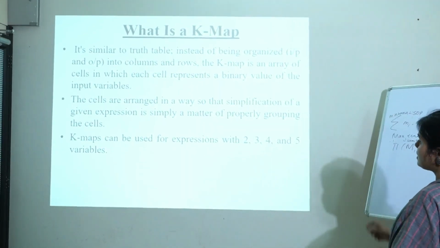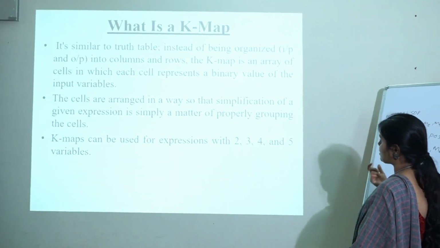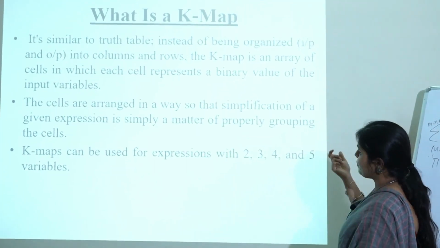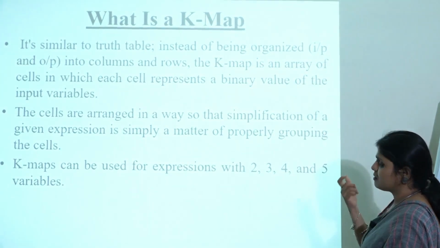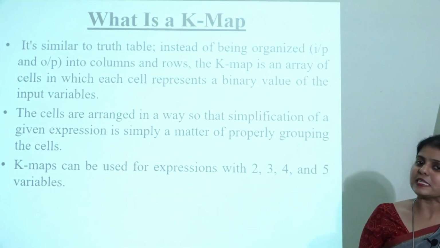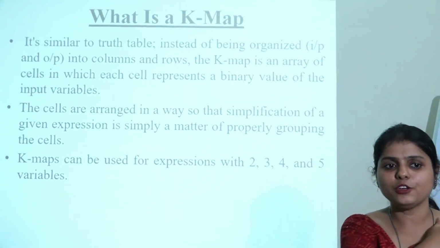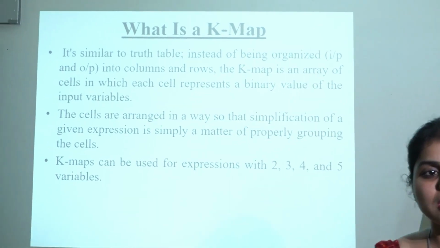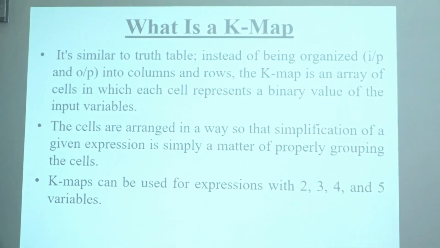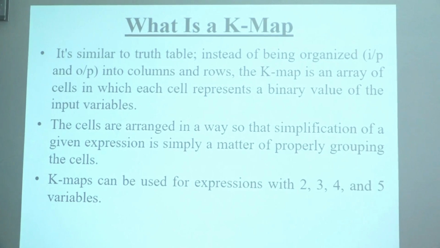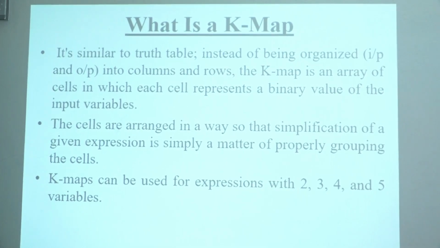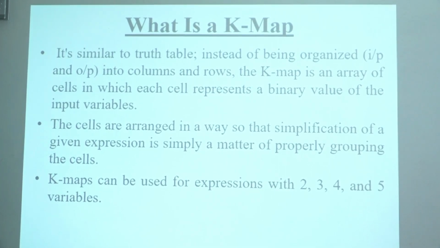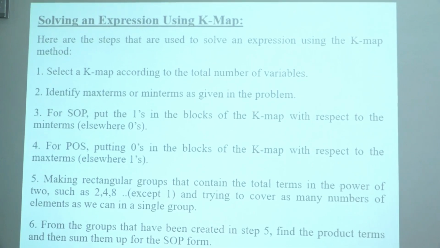Okay. Now, the cells in this K-map are arranged such that simplification of the given expression is simply done by grouping the cells. Okay. I will explain to you how we represent this K-map and how we do the simplification of the Boolean expression using K-maps today. Okay. Next.